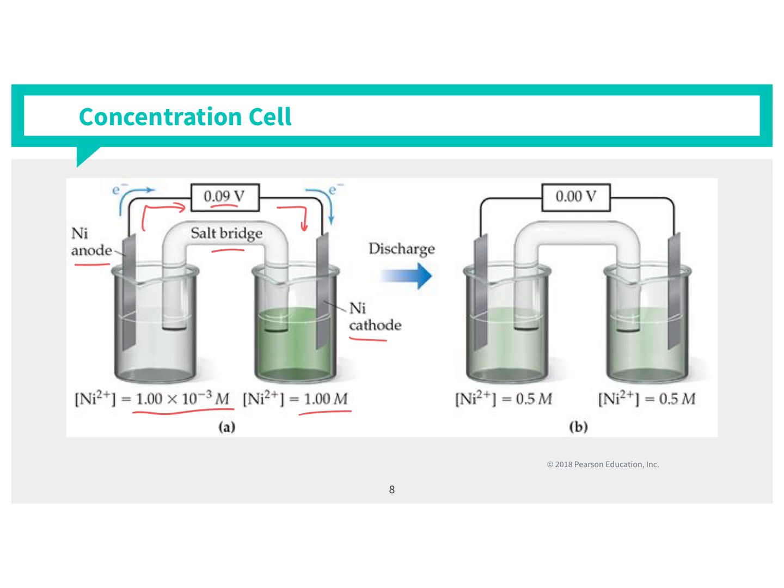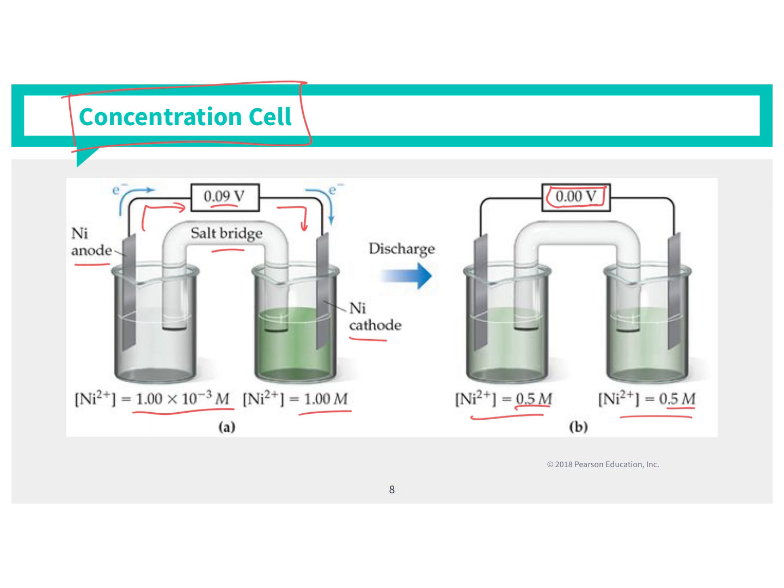It will still flow from anode to cathode, but if I have the same concentration, this is the standard condition, or it's slightly non-standard because it's 0.5 instead of 1 molar, but in this case, we're not going to get anything because we have the same concentration at the anode and the cathode. And so what this basically says is that at different concentrations, you can still make a cell. This is what we call a concentration cell.